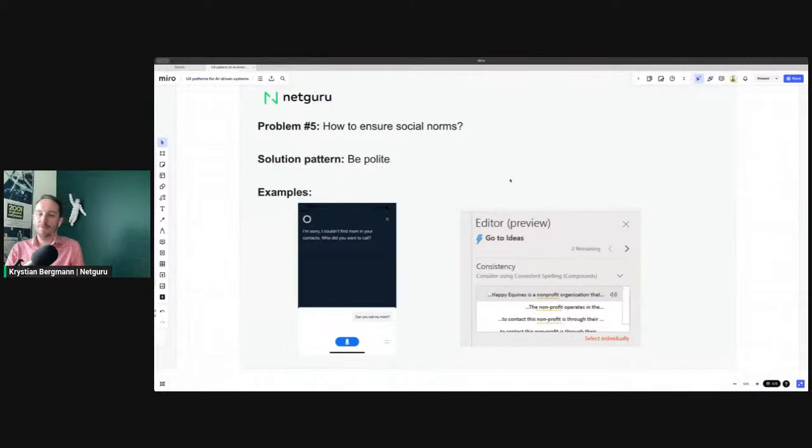The other very open discussion is how to ensure social norms and how to be polite in the interface. Should you be polite? And those norms, ethical patterns are also in the next few slides.